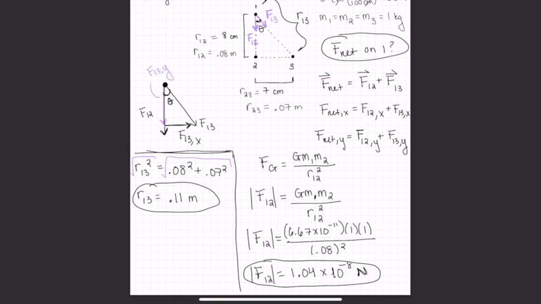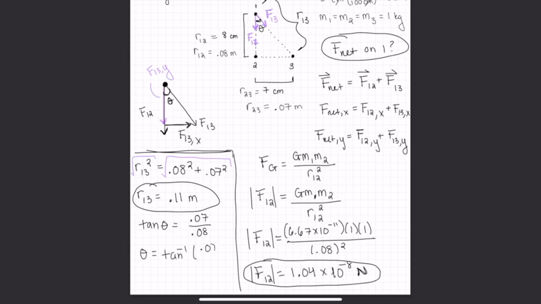I typically like to use whatever I was originally given. So since I was given the adjacent and the opposite side, I'll do tan theta. It's going to be opposite over adjacent, so that'll be 0.07 over 0.08. I don't have enough room, but you would take the inverse tangent of each side to get theta by itself. So theta is going to be inverse tangent of 0.07 over 0.08.